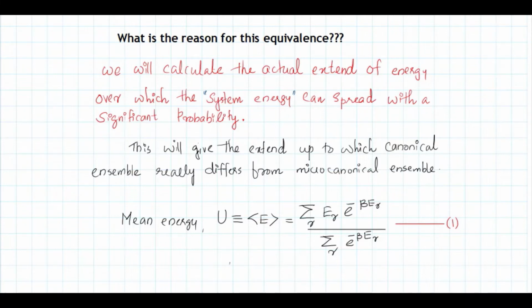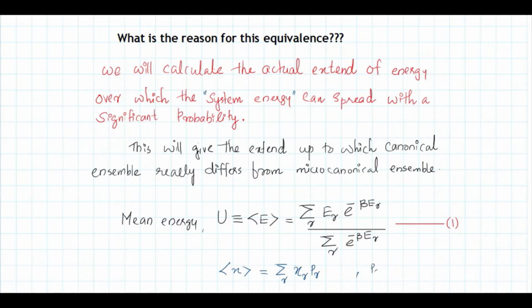Average value of any quantity in a canonical ensemble, I can write as sigma r xr pr, where pr is the probability of finding the system in a value of xr, and there are various microstates. Sum over all the microstates, you will get the average value of that quantity. So here for energy, what is the value of Pr?